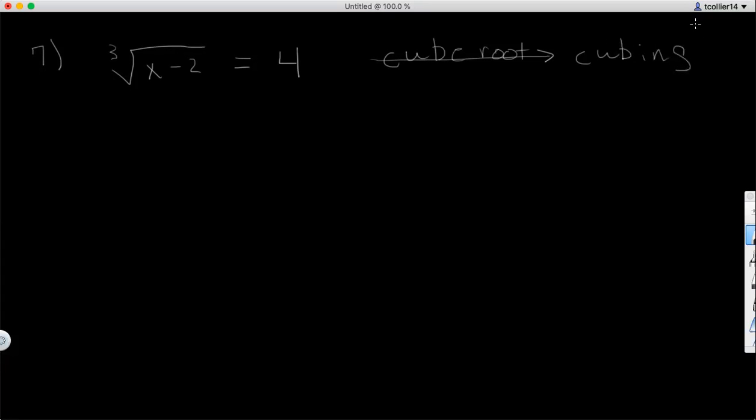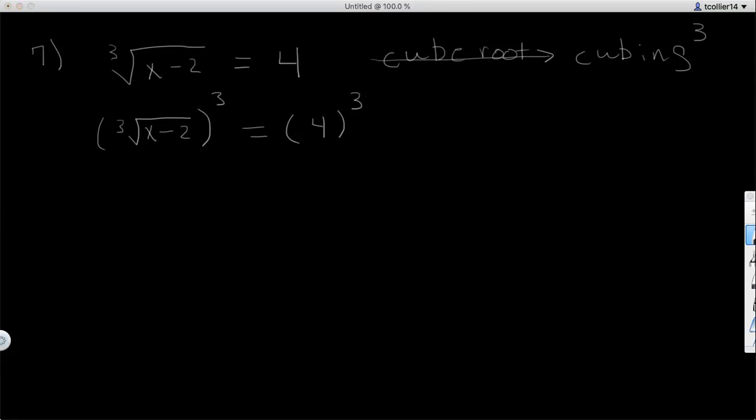So that means I'm raising something to the power of 3. So what I'm going to do is I'm going to put everything on the left side inside parentheses. So I got this cube root of x minus 2. I put that inside parentheses, and I cube the outside. Over here, same thing, put everything inside parentheses and then cube it.